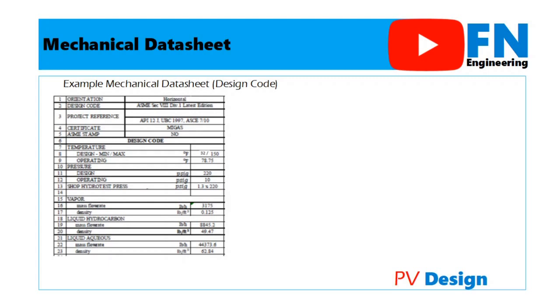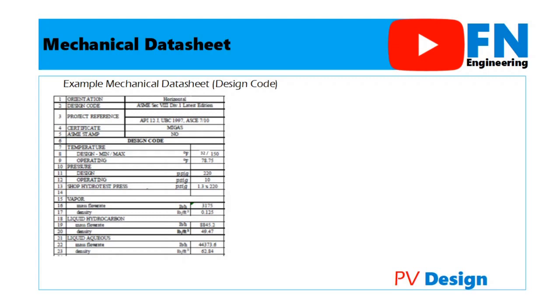Project reference is API 12G, UBC 1997, ASCE 7-10. This explains the seismic specification and load design. The vessel should be certified by MIGAS or a government organization in the oil and gas field. ASME stamp is not required, so the vessel is only ASME code, not ASME stamp.